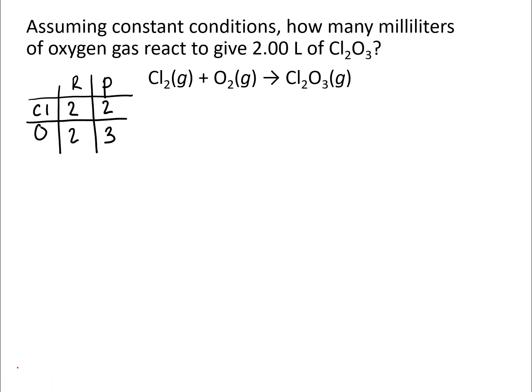So clearly there's a problem with the oxygen. It's not balanced. Lowest common denominator here is 6. So multiply by 2 on the product side and by 3 on the reactant side.